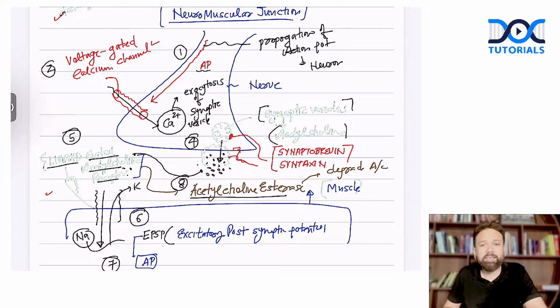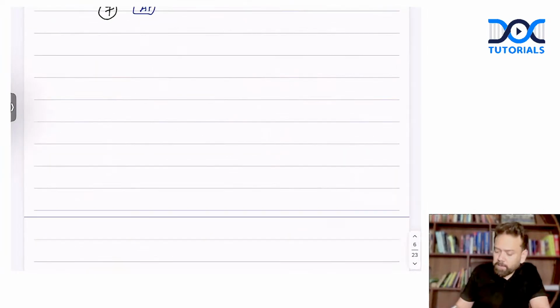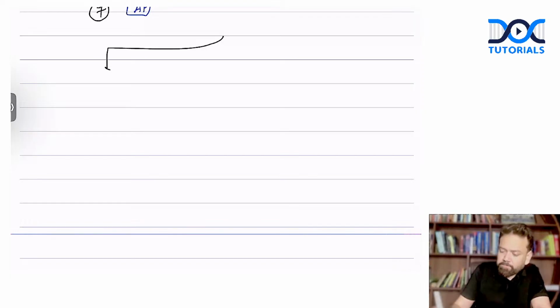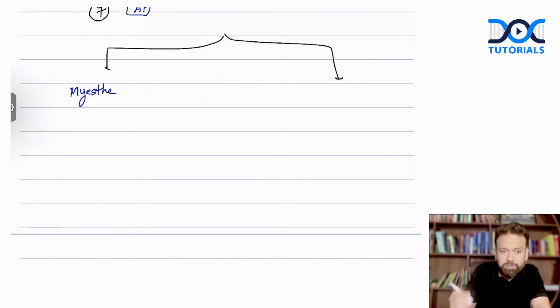Now, what are the clinical cases that can be asked from this? There are two types of cases. Number one is based on myasthenia gravis. One question can be asked simply: what is myasthenia gravis and how is it related to neuromuscular junction transmission.